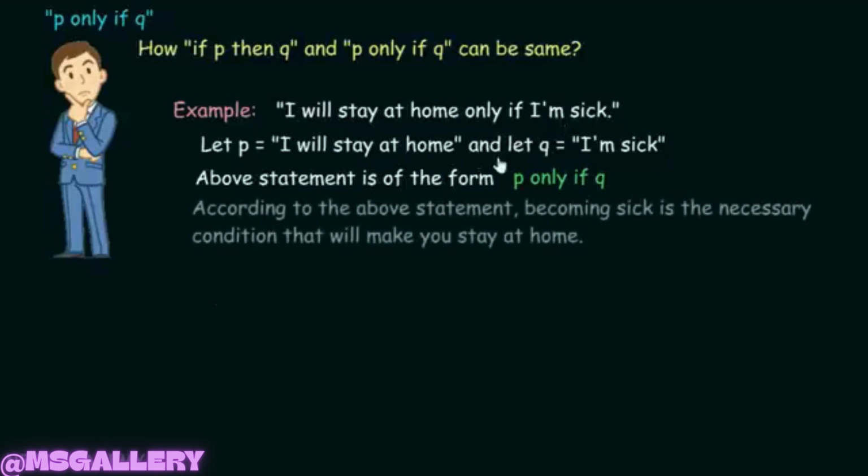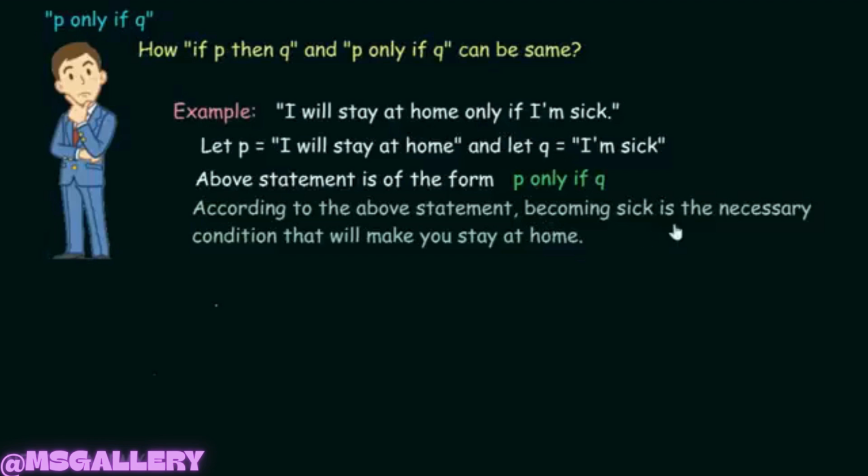Now, according to the above statement, becoming sick is the necessary condition that will make you stay at home. Here I am making a promise that if I stay at home, then the only reason would be that I am sick. This will be the only reason that will make me stay at home.